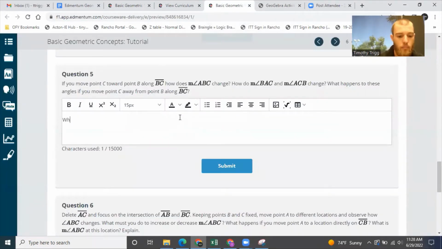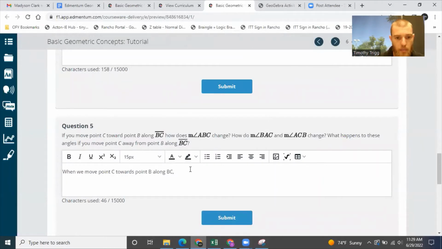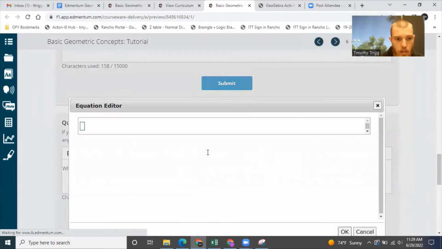So when we move point C towards point B along AB, or sorry, BC, here you might want to use the equation editor.